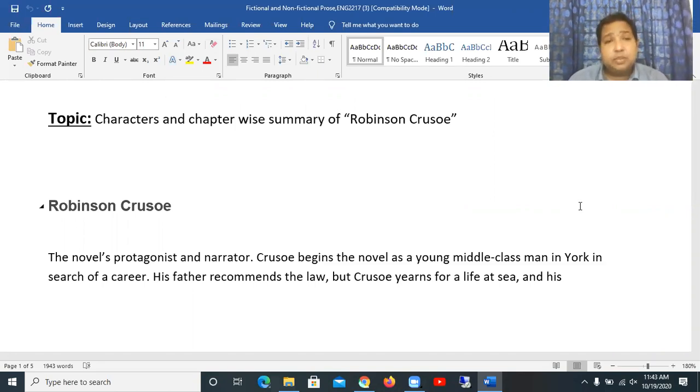Protagonist is the central character, and all the characters revolve around him. So Robinson Crusoe. The pronunciation, sometimes some people say it one way, or if you pronounce normally, it is Robinson Crusoe. So let's talk about the hero, the protagonist, the survivor, Robinson Crusoe.